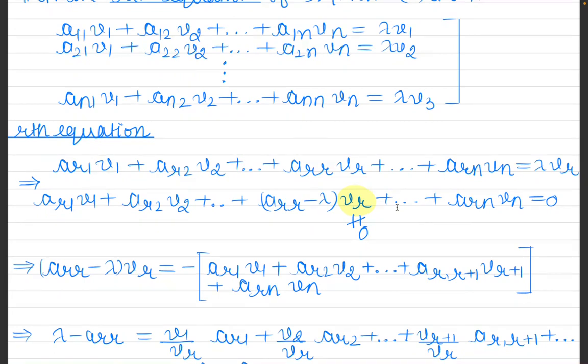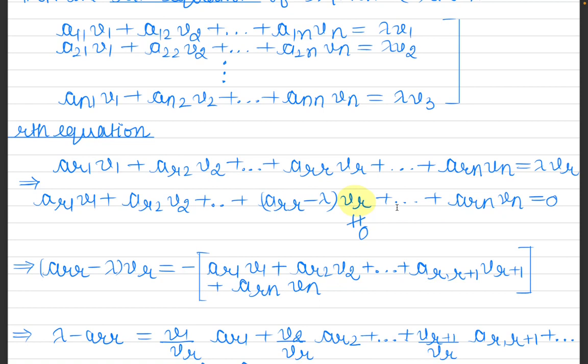So the second equation will be A21 V1 plus A22 V2 equal to lambda V2 and so on and so forth, AN1 V1... So this will be it.